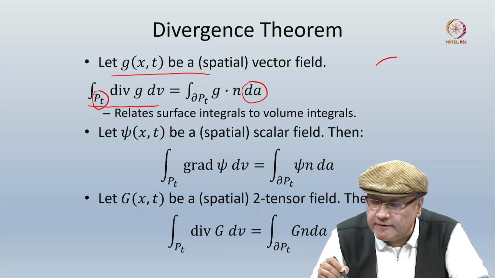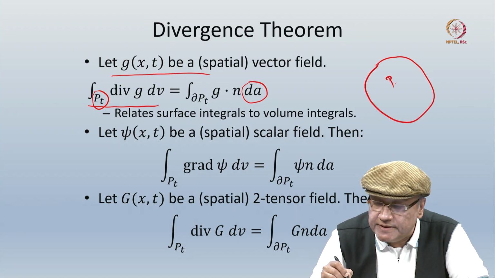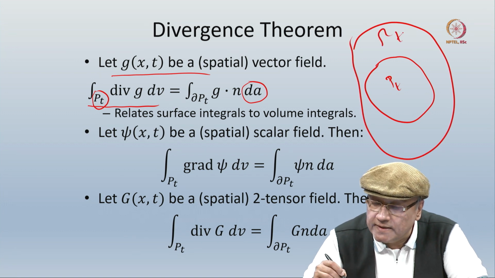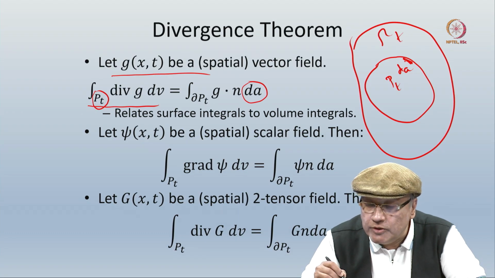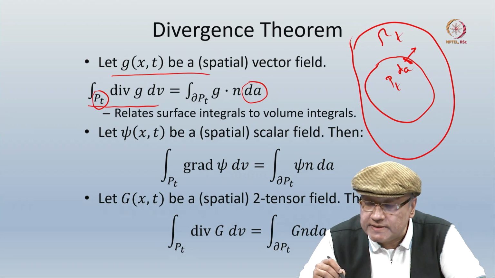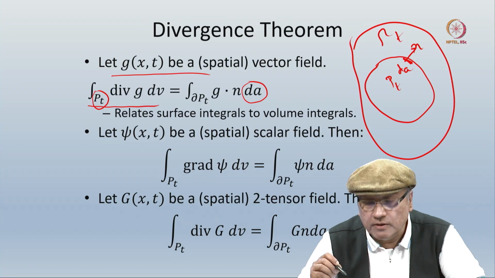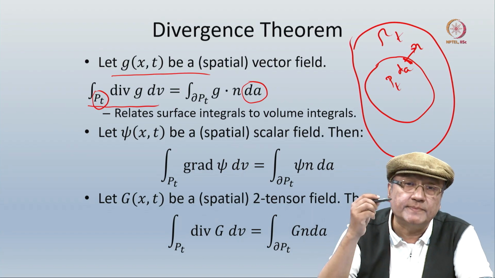Consider any bounding surface of this material. Let us say this is my Pt, this is my entire Omega t, and Pt is a proper subset. Any bounding surface dA here is called oriented provided you identify on it a unit outward normal n. This has to be distinguished from the inward normal, which is directed inwards into that subset Pt.